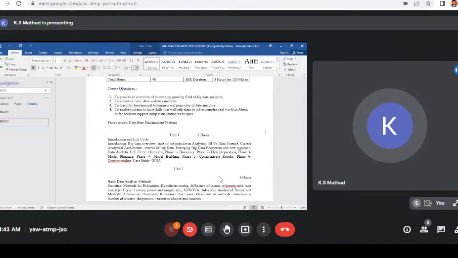So this subject gives you an overview or an introduction about how to do the tasks which are there for data science, data analytics. And here in this subject we are introducing the students to a programming language called R, which is used for statistical analysis and data analytics problems.